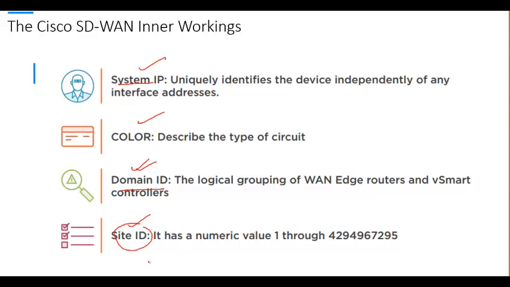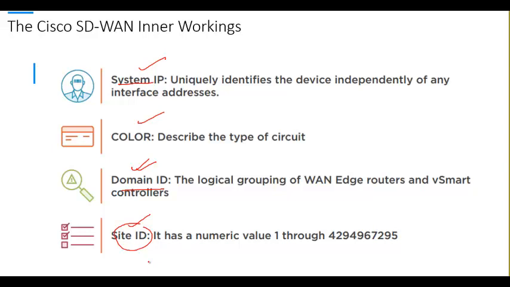So basically, the site ID is to identify the site. If I have multiple edge routers, between the edge routers, they need not communicate. And also, this helps to shape the topology, like hub and spoke. All right, so choosing site IDs for a network, you need to be very careful, choosy.